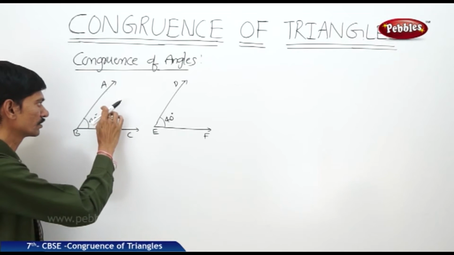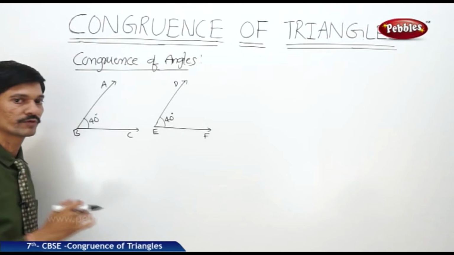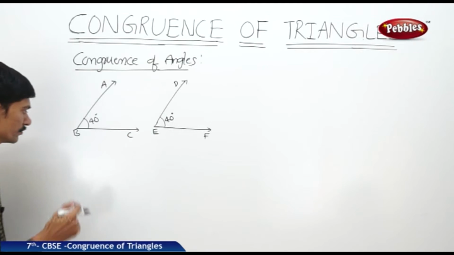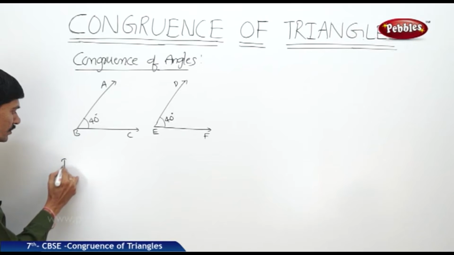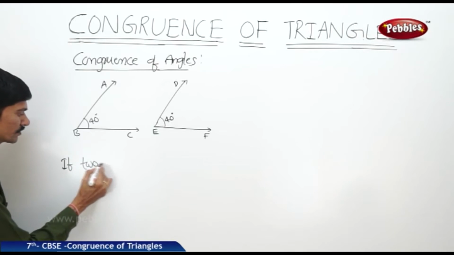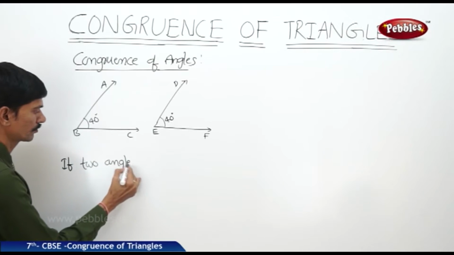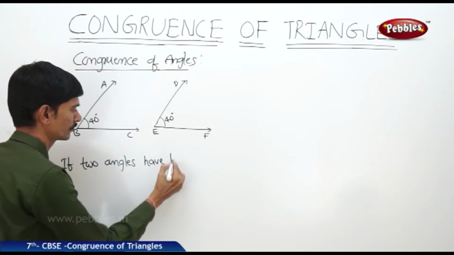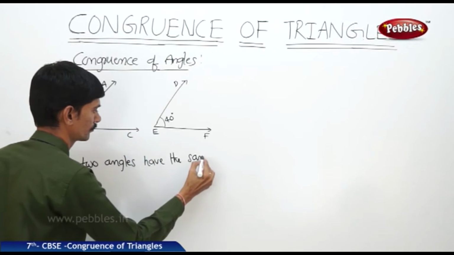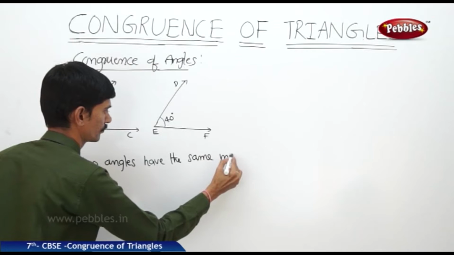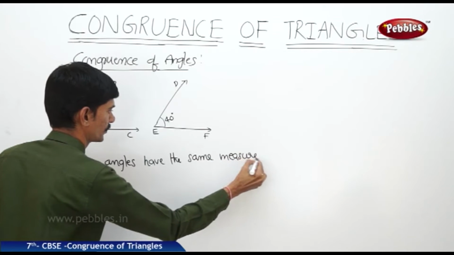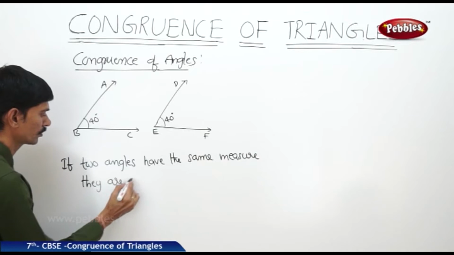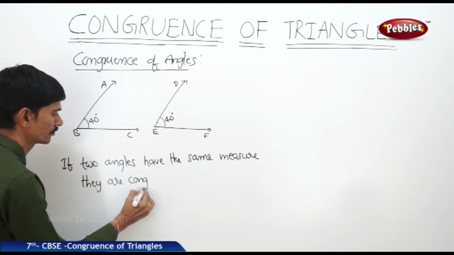Here the two angles are of 40 degrees, so they have the same measure. Now we can write the statement as: if two angles have the same measure, they are congruent angles.